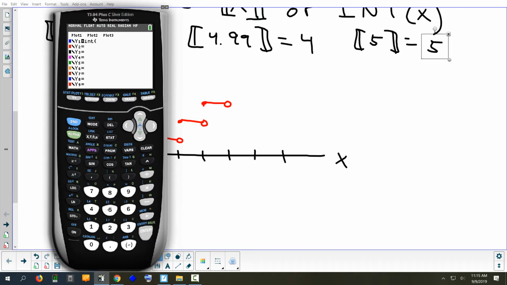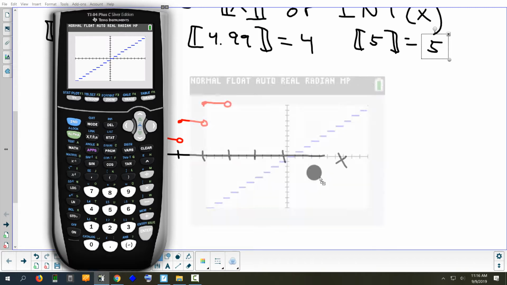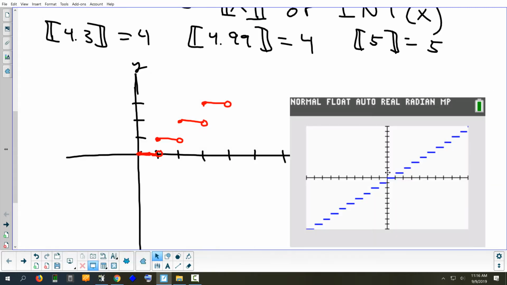And you just want to put an x in. So x, again, that's right below mode, and close your parenthesis. Okay, so int x. And if you hit graph, you should get something that looks pretty much like what I had on the board. You're not going to see the detail of open and closed circles, though. But that's the same thing.